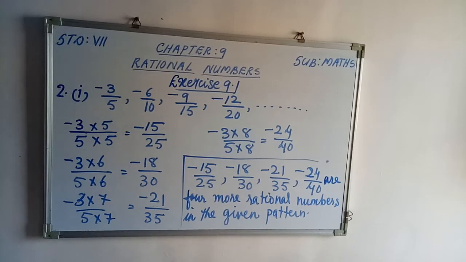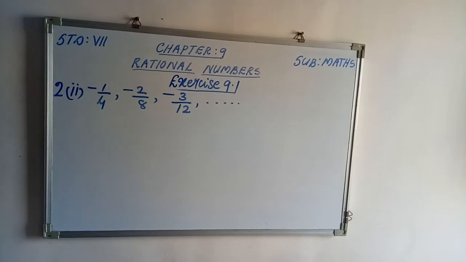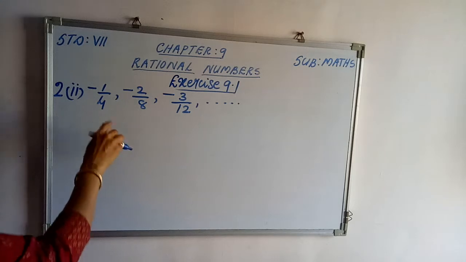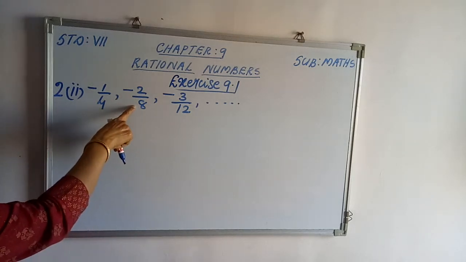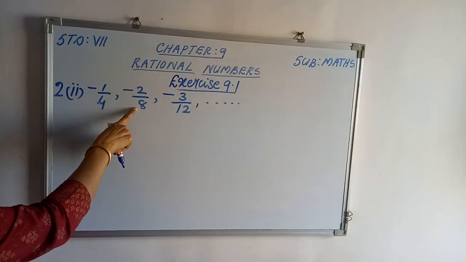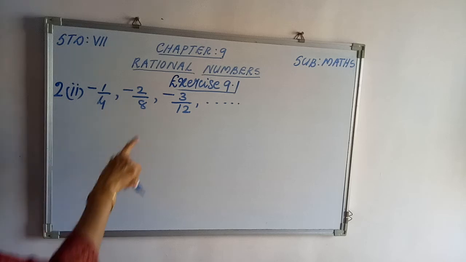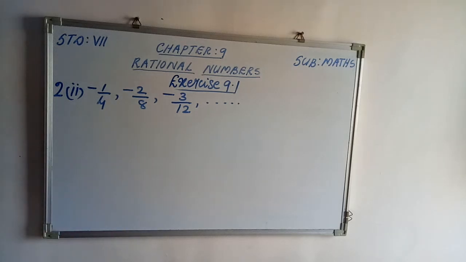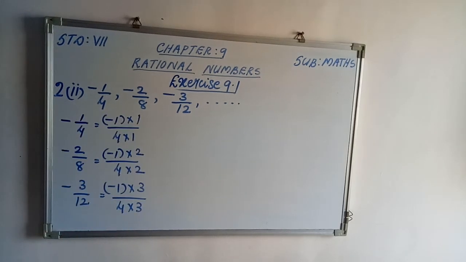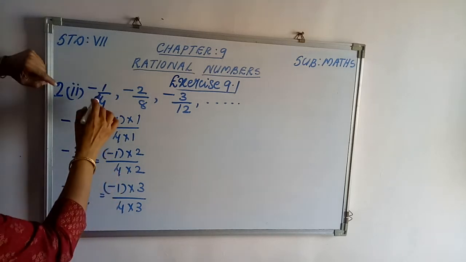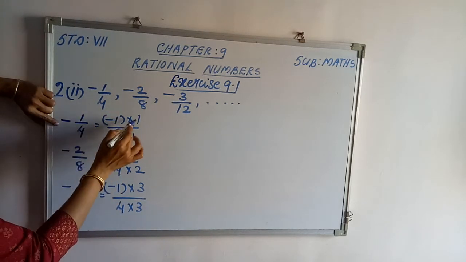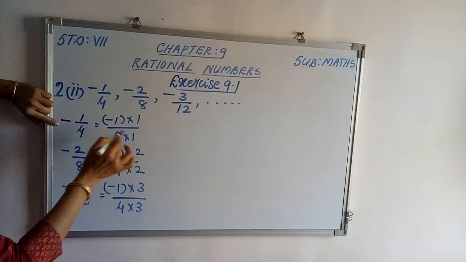Is that clear? Now, in the same way we can do the second question. Here see how the rational numbers are obtained. Here this one, that is minus 2 upon 8, is obtained by multiplying both numerator and denominator by 2. Here by multiplying by 3. So that we can see it first. Okay. So minus 1 upon 4 we obtain by multiplying by 1 on both numerator and denominator.